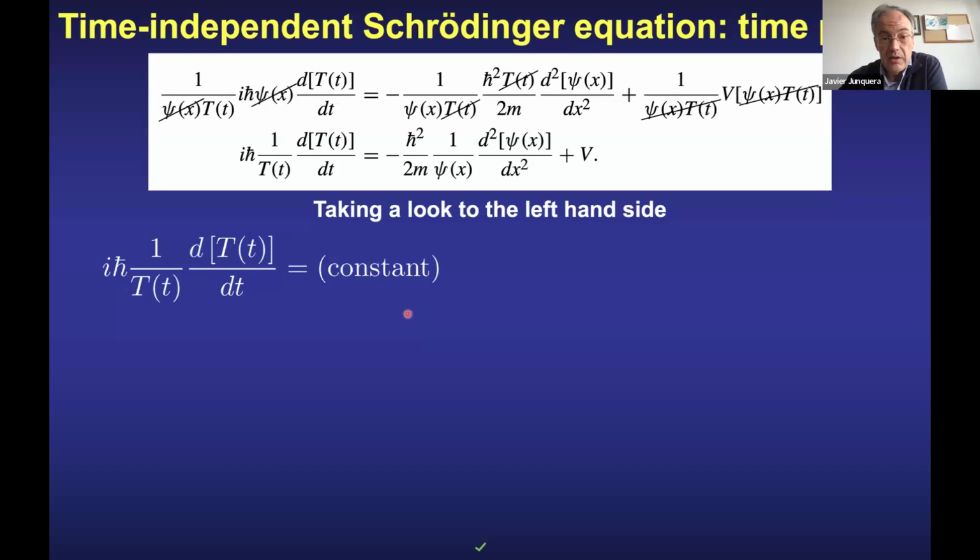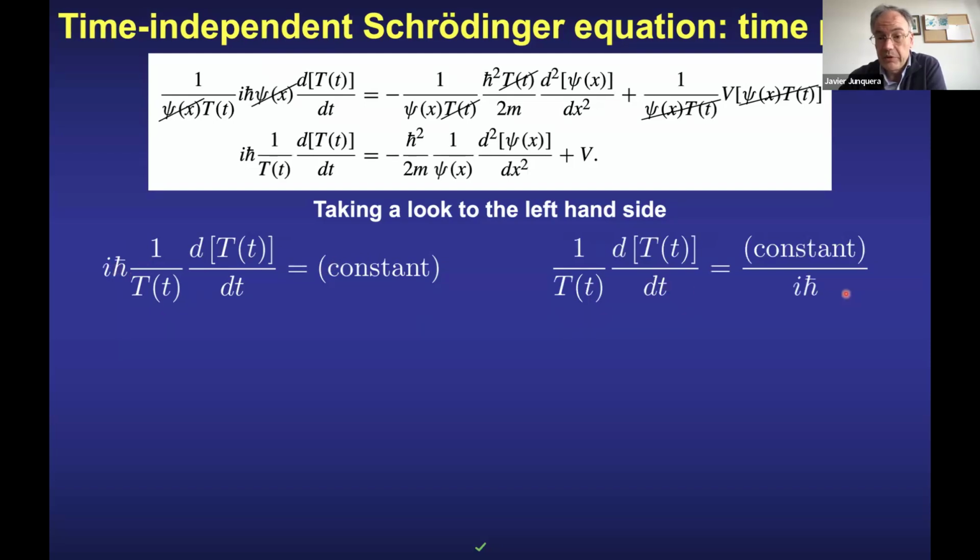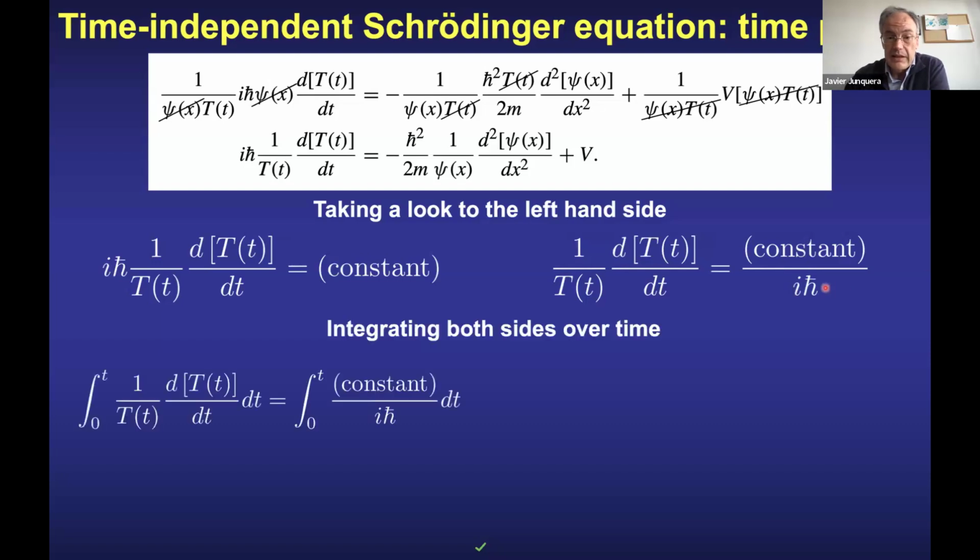So let's take a look at the left-hand side here. So I have here the left-hand side equal to a constant. Then I can just move the I and the H bar to the other side of the equation. Then I can integrate over time both the left-hand side and the right-hand side of the equation.